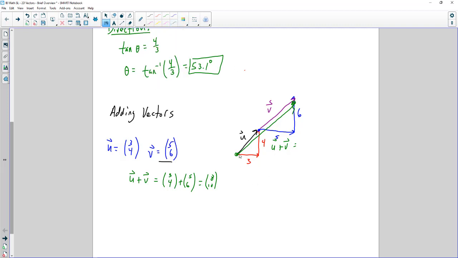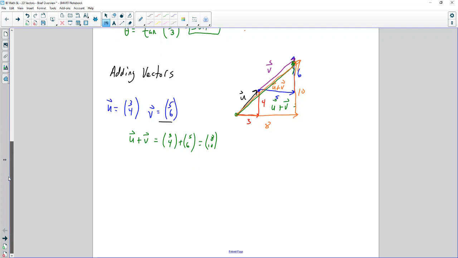From here to here, this component will be 8, and this component all the way to the end of this will be 10. That's what I'm showing you. So this represents this vector right here, which we call u plus v. And that's how we do that. Okay, so you add them tip to tail. Easy stuff, quite frankly.